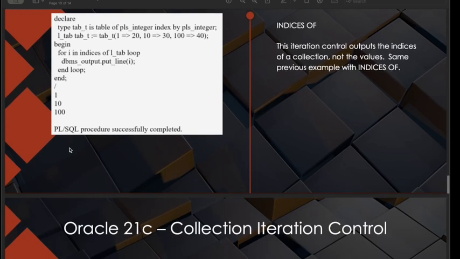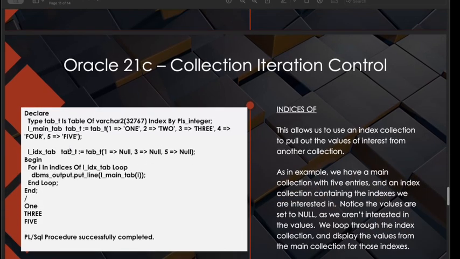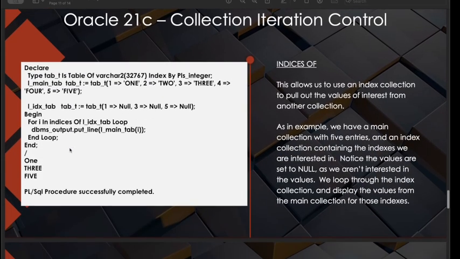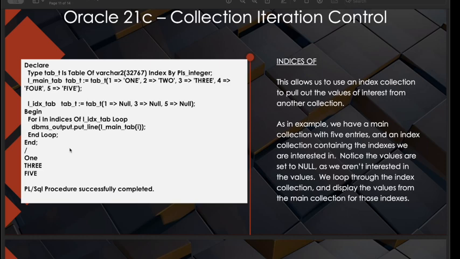This allows us to use an index collection to pull out the values of interest from another collection. In the example, we have a main collection with 5 entries and an index collection that contains the indexes we are interested in.